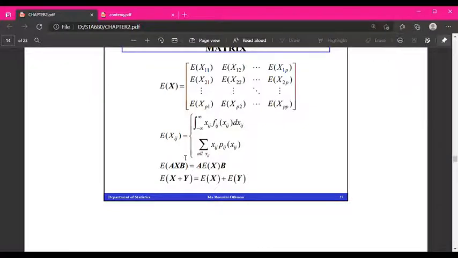If the random variable is discrete, it will be the summation of x multiplied by the probability of each x. Remember? All of that goes into this matrix.